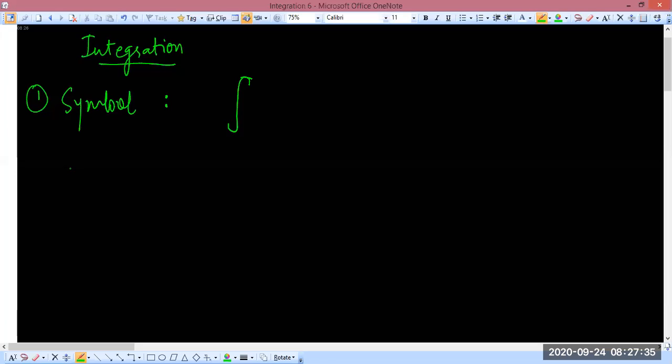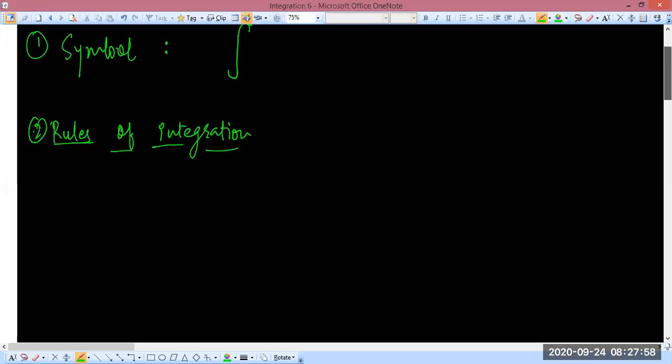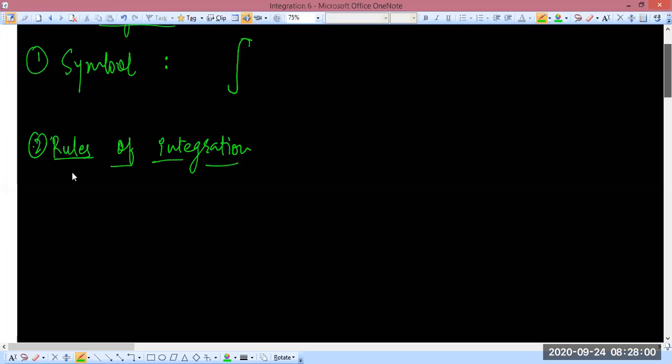Now let's write the rules of integration. Just like there were rules of differentiation, there are rules of integration, and many rules are similar, so it's going to be easy if you remember all those. So rule number one.